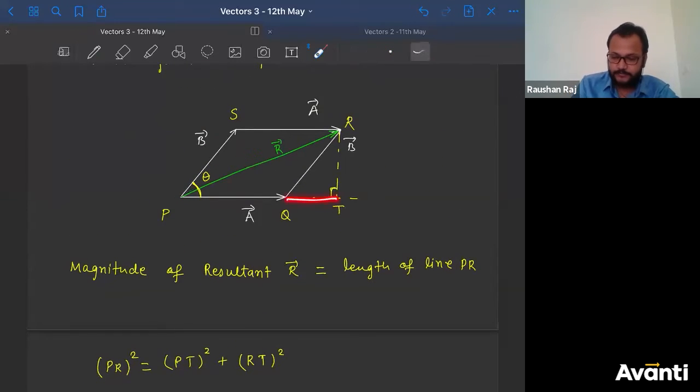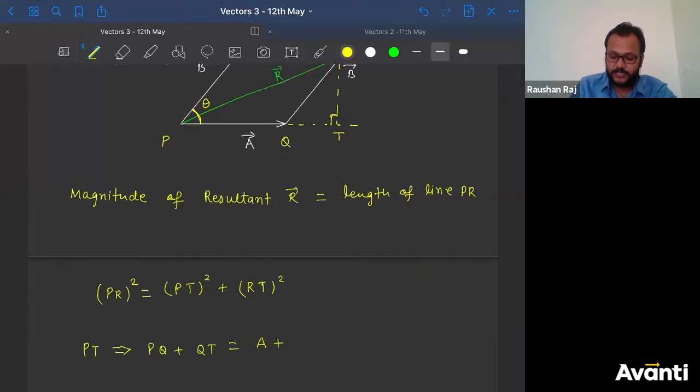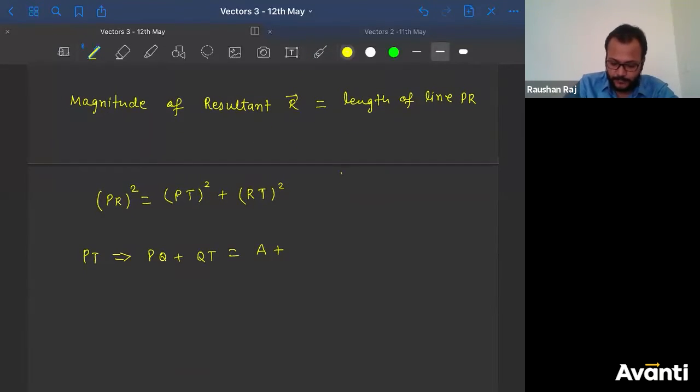What is this QT? If I talk about this smaller right angle triangle, let me draw that right angle triangle RQT.